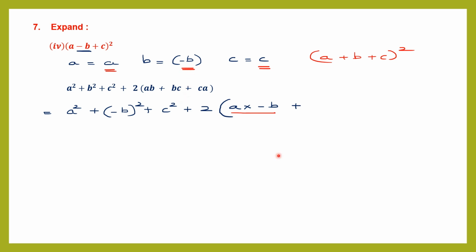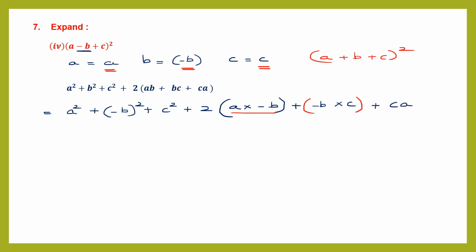So minus b into c. So that will be minus b into c. So this is the second part. And then the last part is ca, plus ca. And c is c itself, a is a.